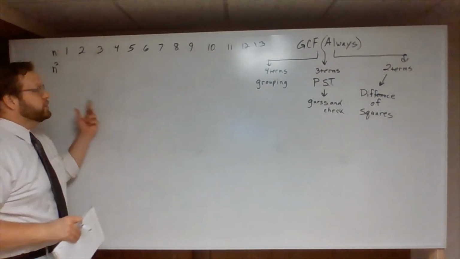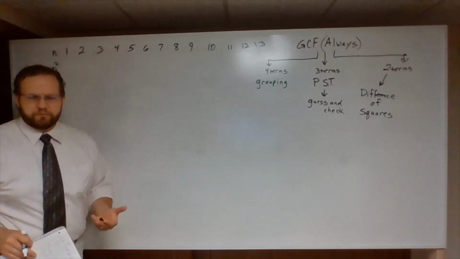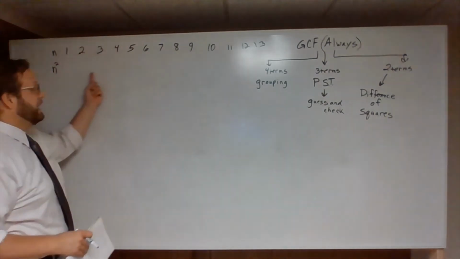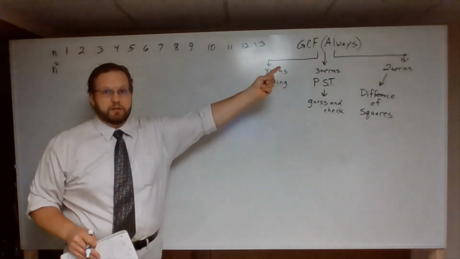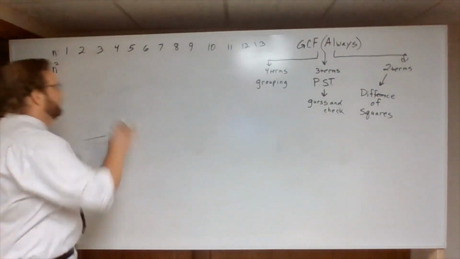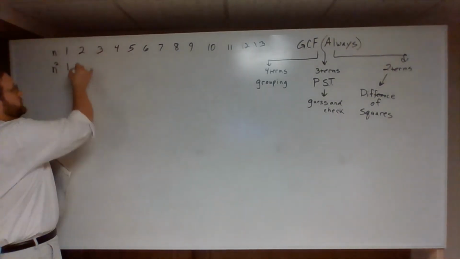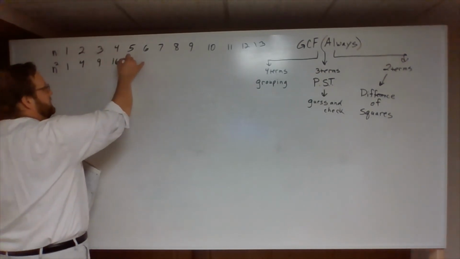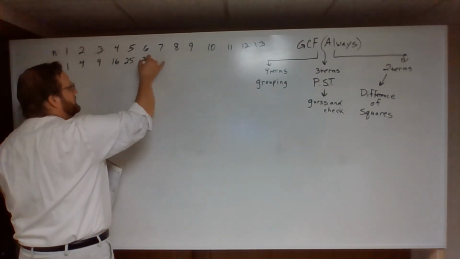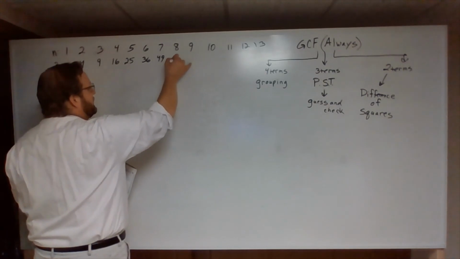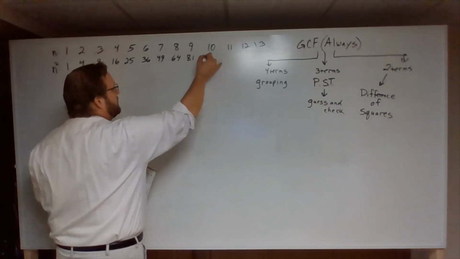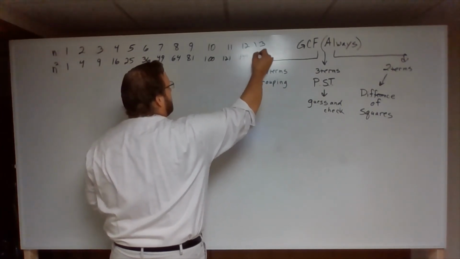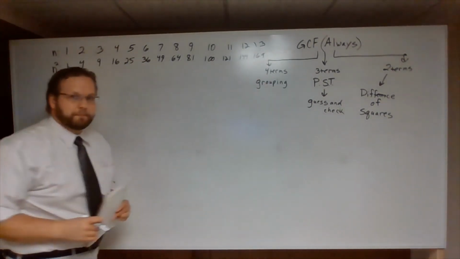While you're building this, use your calculator if you need to, but try to have these memorized. And if you can, I would have them memorized out to 20 squared, okay? But with these, 1 squared is 1, 2 squared is 4, 3 squared is 9, then 16, 25, 36, 49, 64, 81, 100, 121, 144, 169, okay?